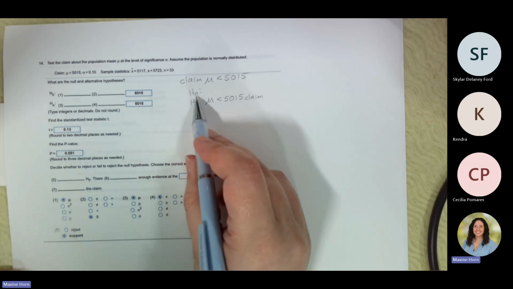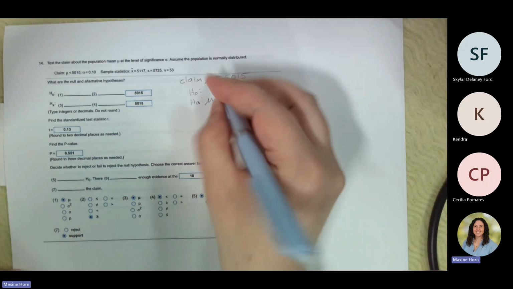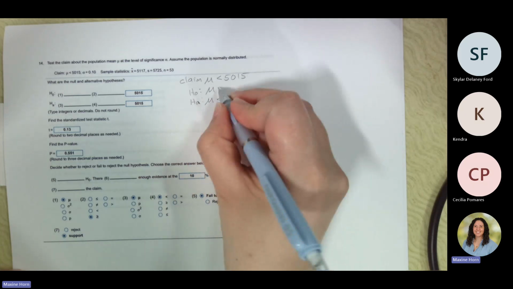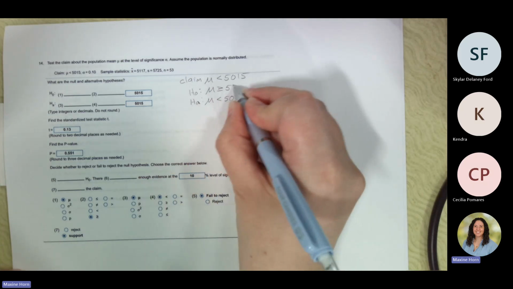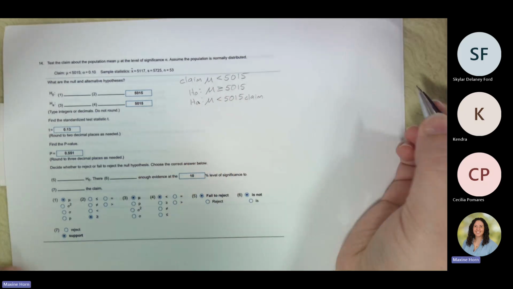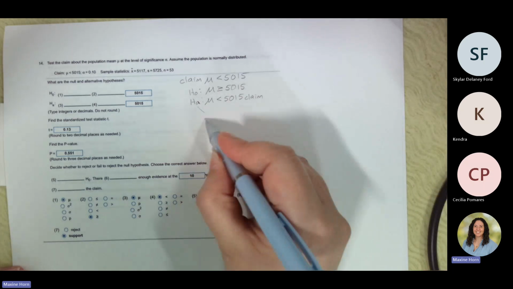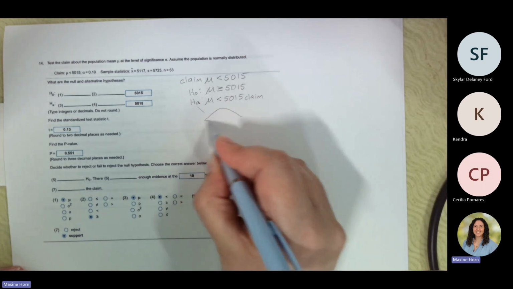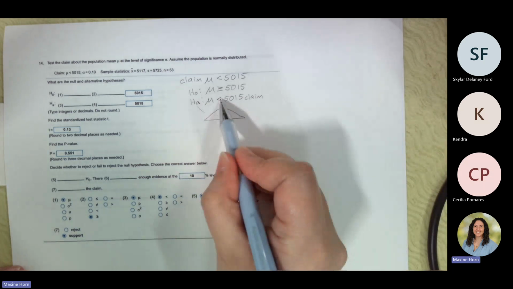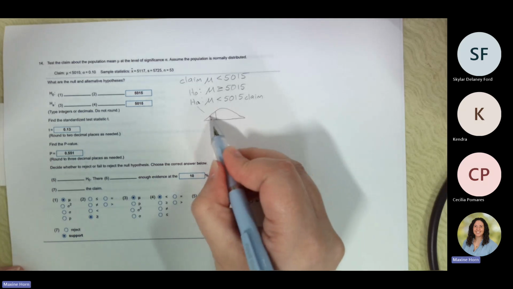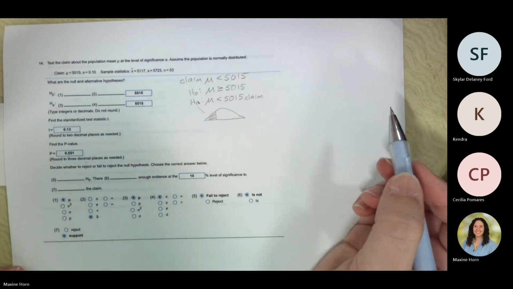We need to now identify our null hypothesis. It's going to be the complement of this. So the complement of less than is greater than or equal to. Okay. We're going to use our alternative hypothesis to say what this looks like. This is less than, so this is a left-tailed test.